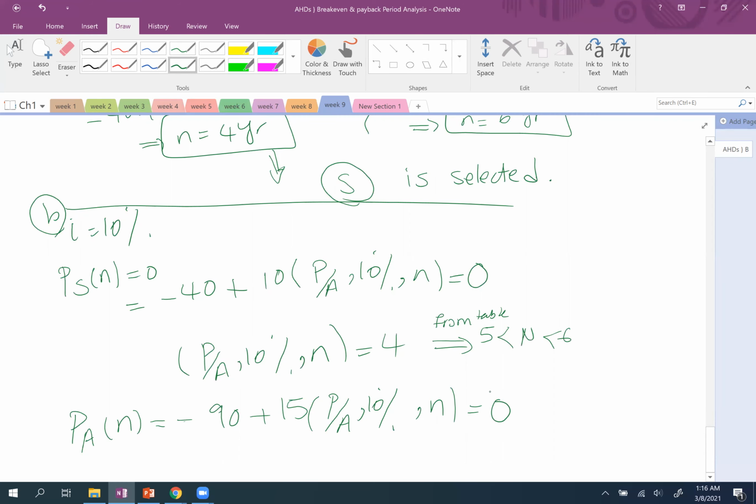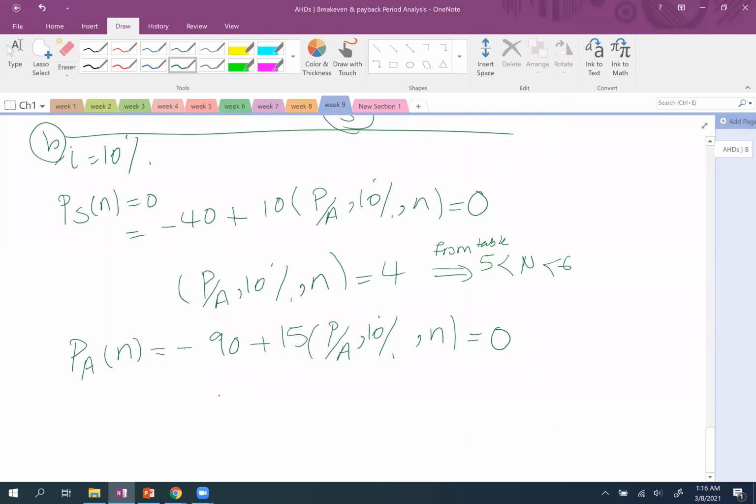I set it equal to 0. Therefore, the value for P given A factor for 10% is equal to 6. If you look at the table for 10%, look at the column for P given A, see where you can get close to the number 6, you will see that your n is between 9 and 10.